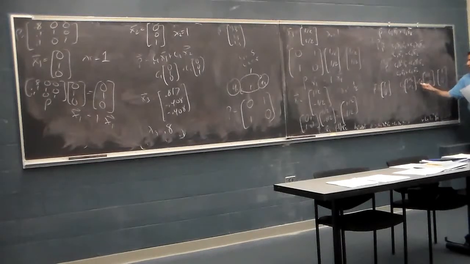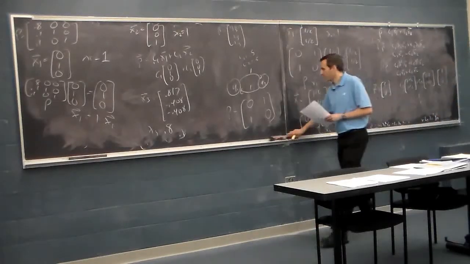We're trying to find the two variables C1 and C2 that make these two equations true. C1 times 1/2 plus C2 times 1/2 equals 1. C1 times 1/2 minus C2 times 1/2 equals 0. So can anyone figure out what C1 and C2 should be to make those true? Yeah, so C1 is going to be 1, and C2 is also going to be 1. So in other words, what we're going to get is the following.